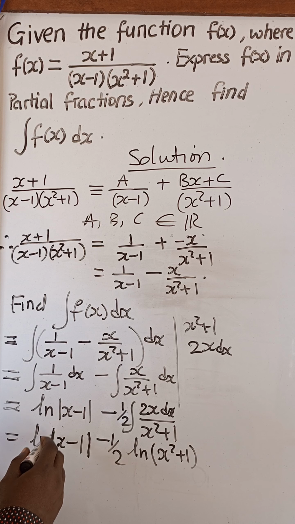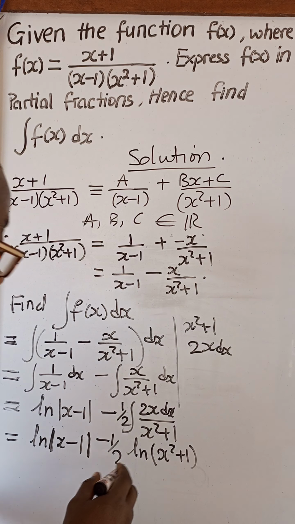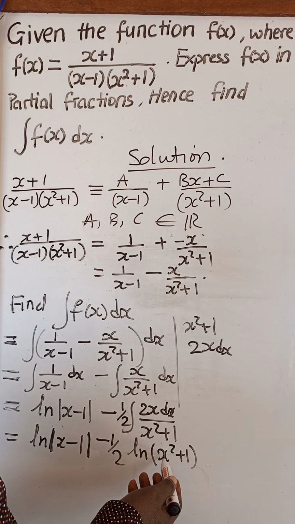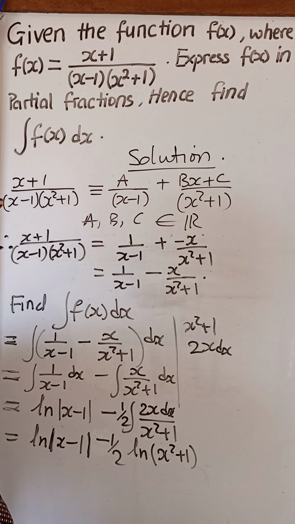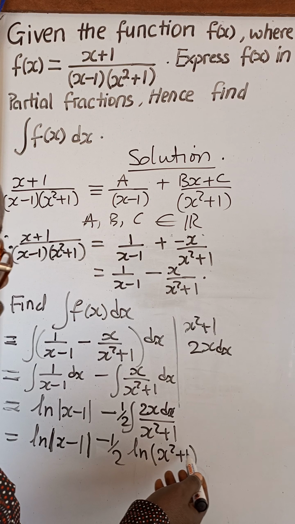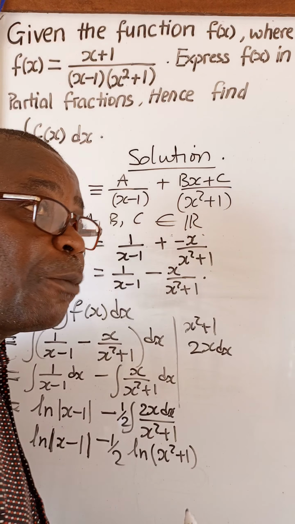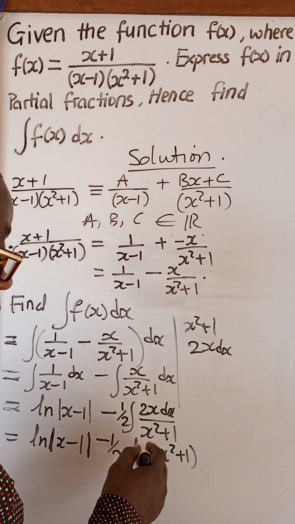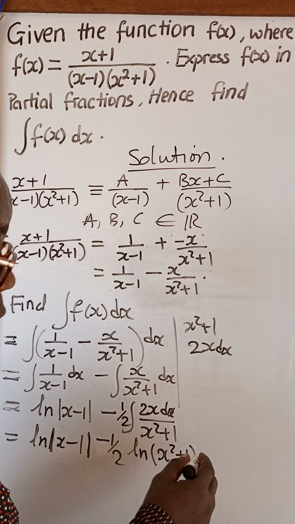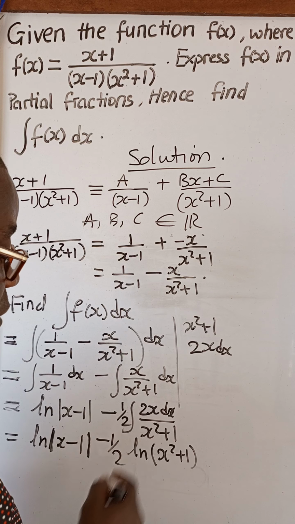So to guard against evaluating the log of negative values, we use the absolute sign function. Now come over here, no matter what value x takes, the moment we square that value, we obtain a positive result. And since we're adding a positive result to a positive value here, this expression will always give us a positive value no matter the value of x. And so we don't have that fear of ending up evaluating the natural log of any negative value. So we don't need the absolute sign when writing this other expression.